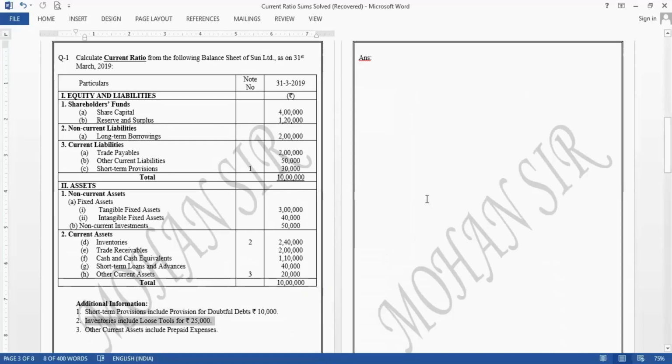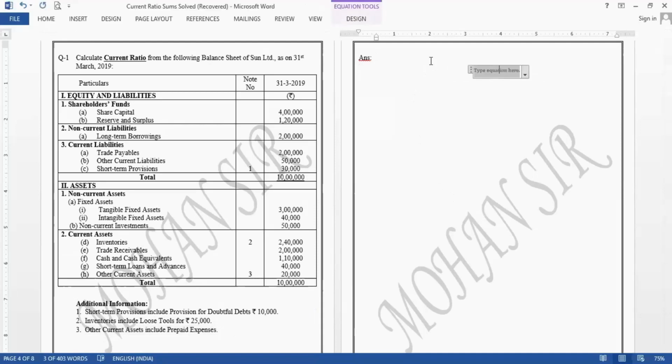Again, we know like this amount also has to be deducted from inventories while calculating current assets. Third, other current assets include prepaid expenses. This information is of no use to us right now for this sum. Let us start solving the sum.